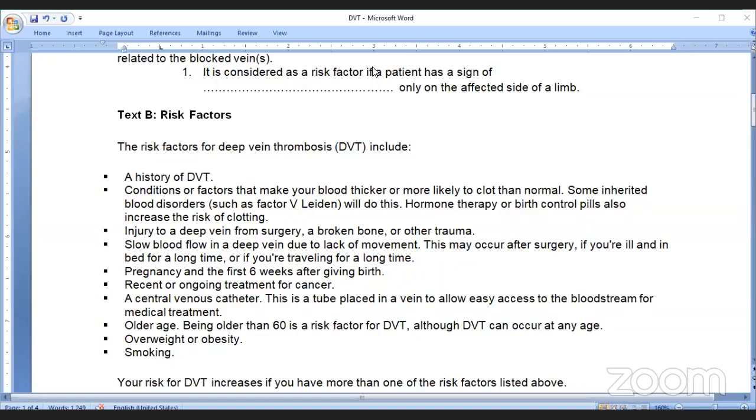Broken bone. Okay, guys on Facebook, what is your answer?